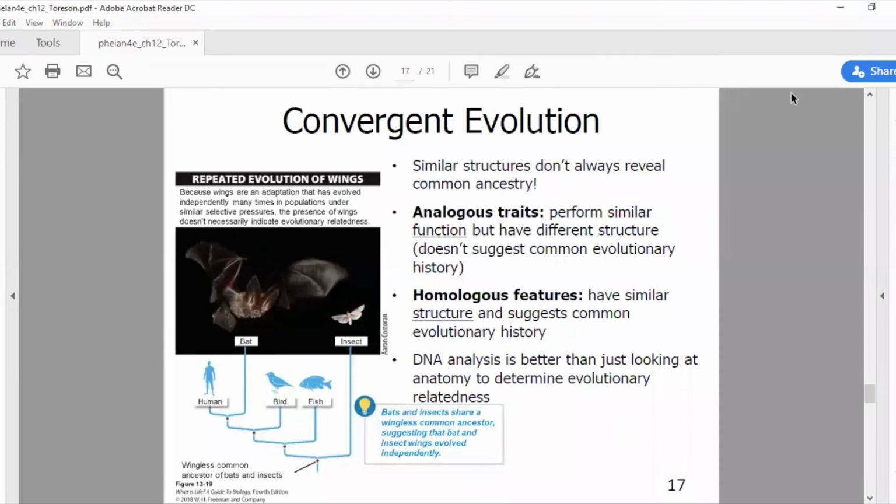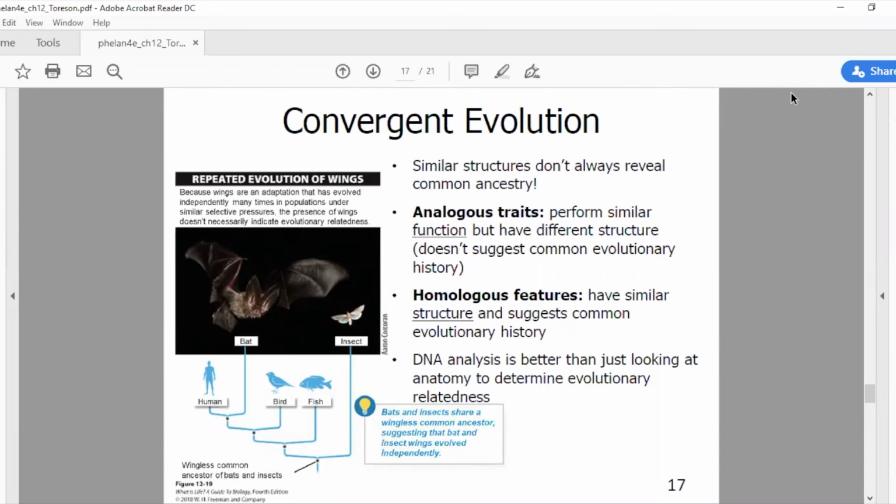When we use comparative anatomy to determine whether two species are related or not, it is important to consider convergent evolution. So thus far, when we discussed comparative anatomy, we discussed homologous features.